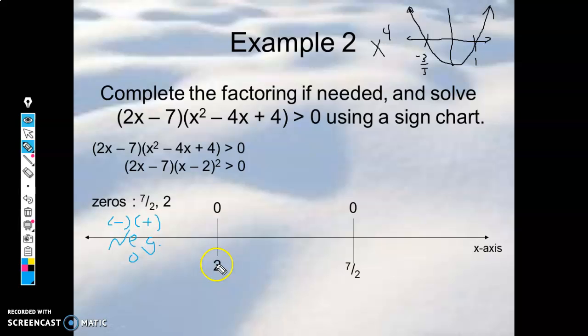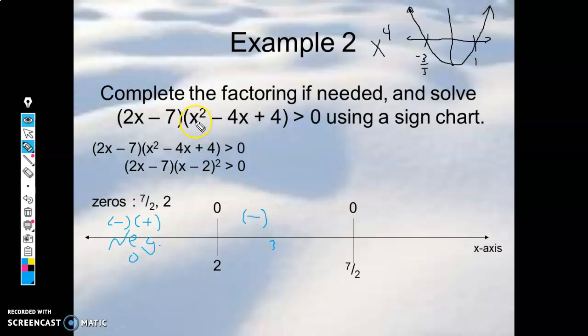Next, I want to pick something between 2 and 7/2, which is 3.5. So I would probably pick the number 3. If I put the number 3 in here, I get 2 times 3 is 6. 6 minus 7 is -1, so that part is a negative.